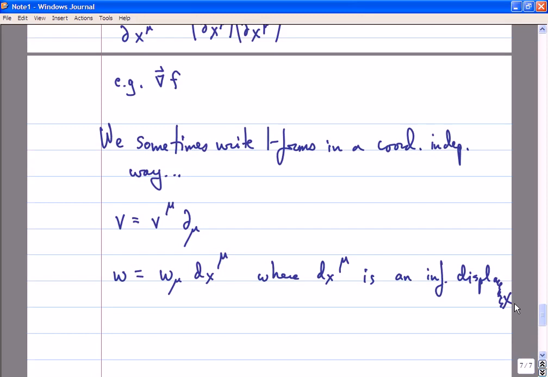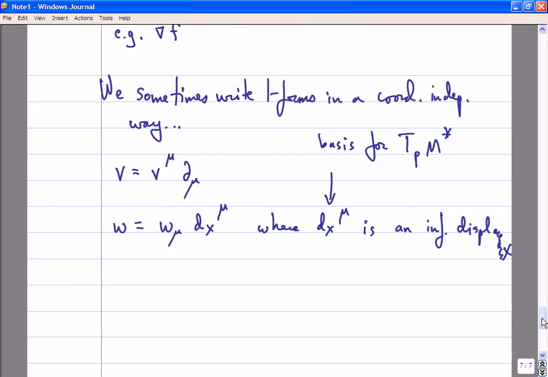And so just as the set of derivative operators, d mu, can be regarded as a basis for the tangent space, these set of four infinitesimal displacements can be regarded as a basis for the dual tangent space, or the cotangent space, as it's sometimes called, TPM star. And indeed, let's check that this is a reasonable thing to do by understanding what this would look like in a different coordinate system.